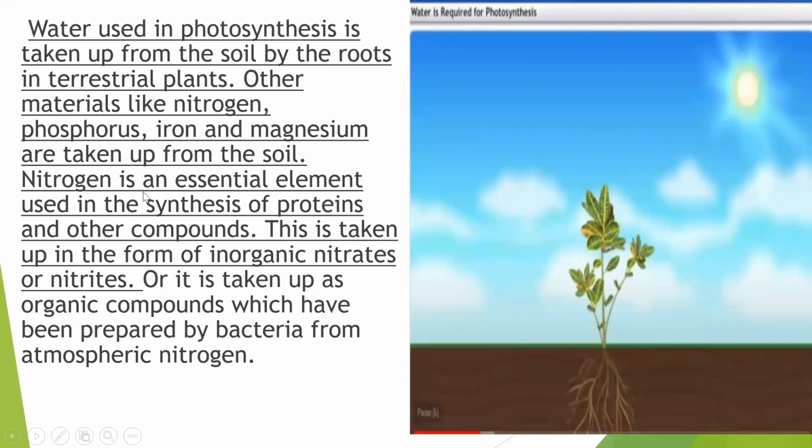We know nitrogen is an essential element used in the synthesis of protein. Which element is used in the synthesis of protein? Nitrogen. This is taken up in the form of inorganic nitrates or nitrites, or it is taken up as organic compounds which have been prepared by bacteria from atmospheric nitrogen.